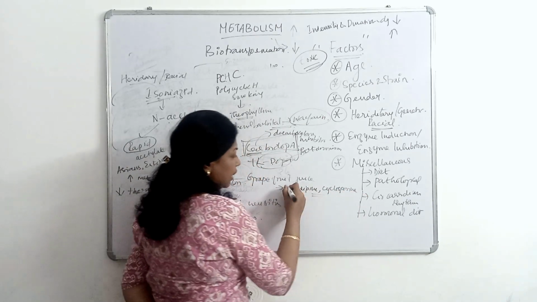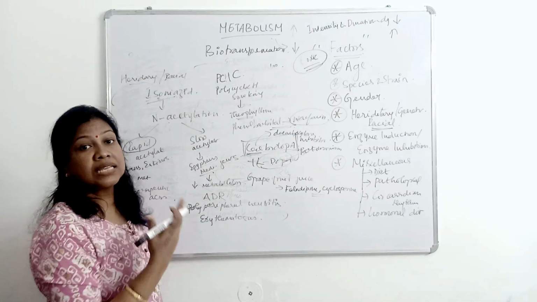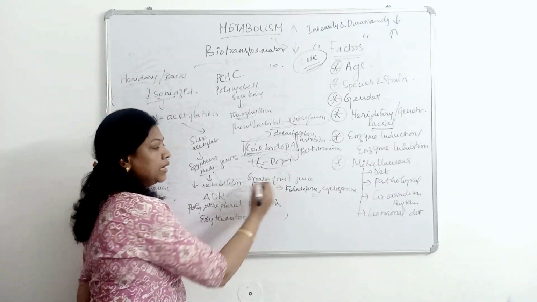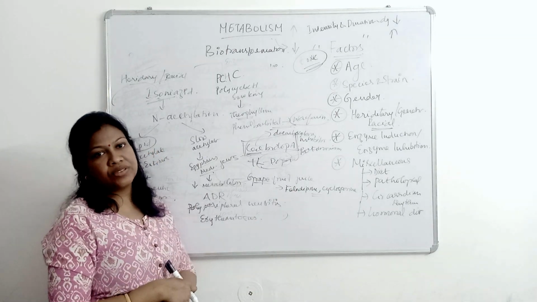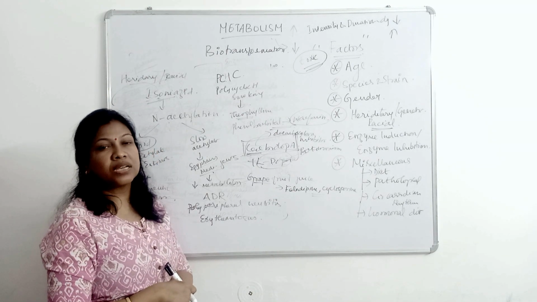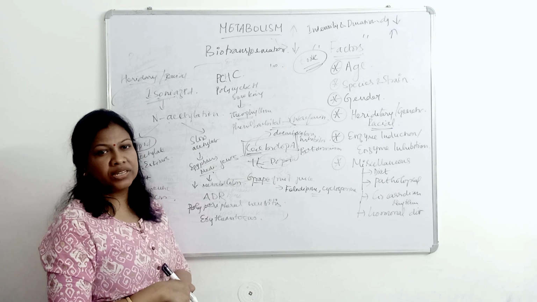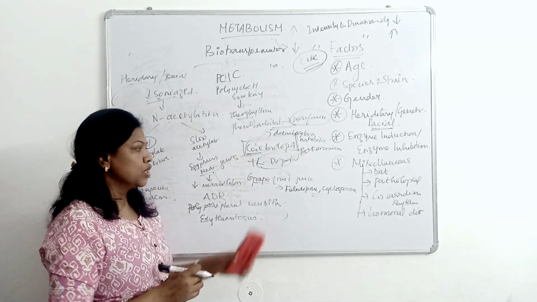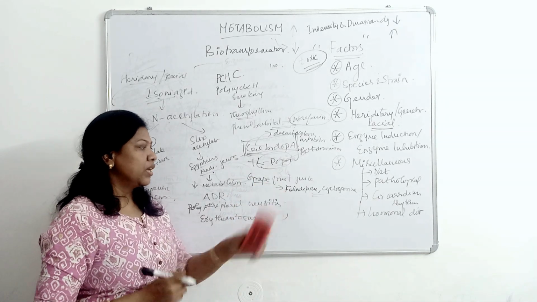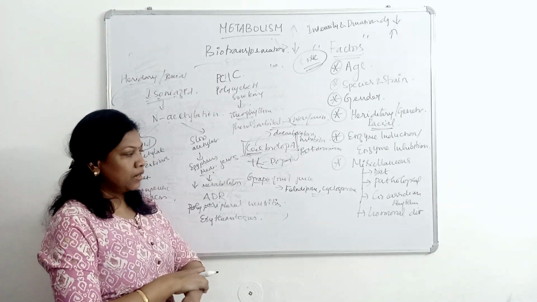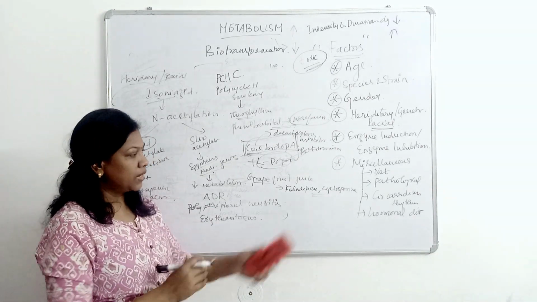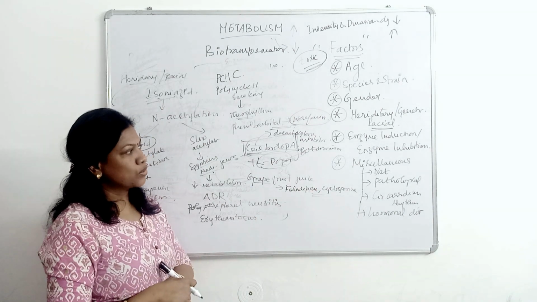The enzymes for these drugs are inhibited by the grapefruit juice. So it will reduce the metabolism of these drugs and cause accumulation of the drugs in the body and may cause toxicity. So grapefruit juice inhibits the metabolism of drugs like felodipine and cyclosporin.